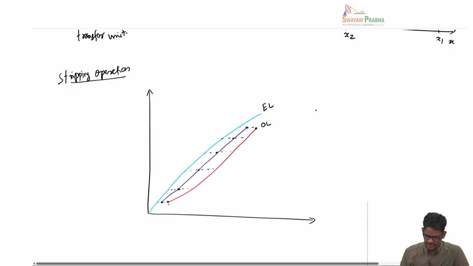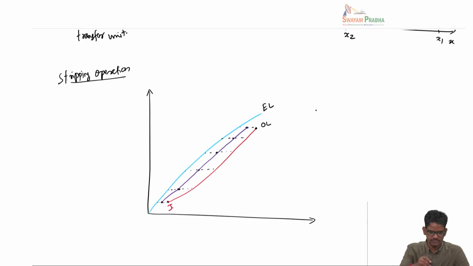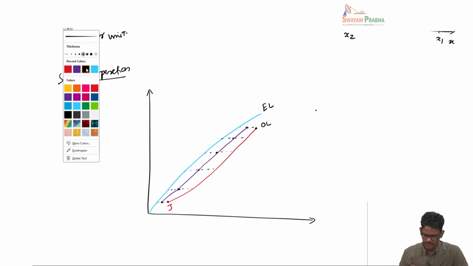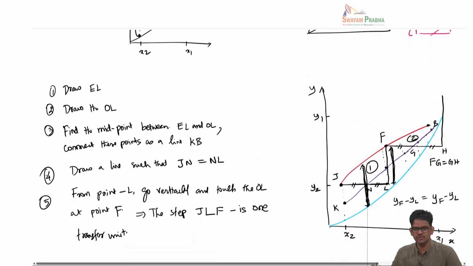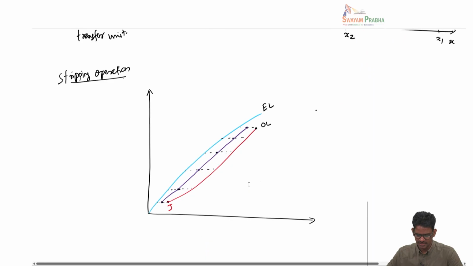So this is point J. There we went horizontally, right? But in the stripping operation, you are going to go vertically from J and touch this midpoint line and go further an equivalent distance, and then go horizontally to touch the operating line.